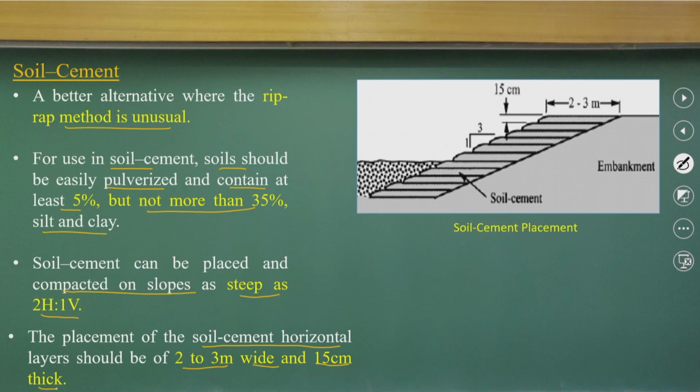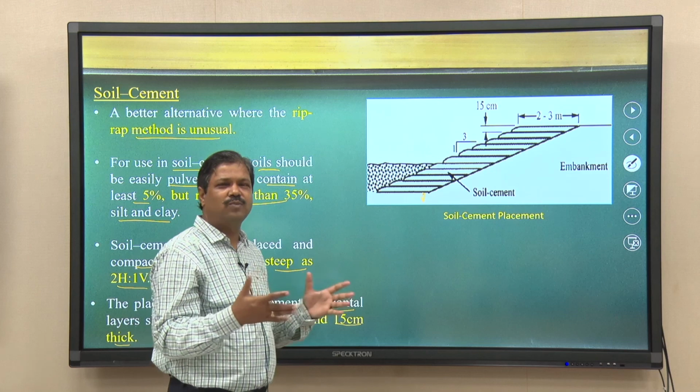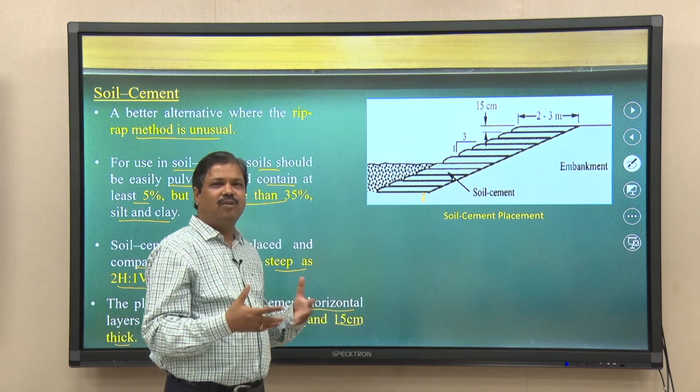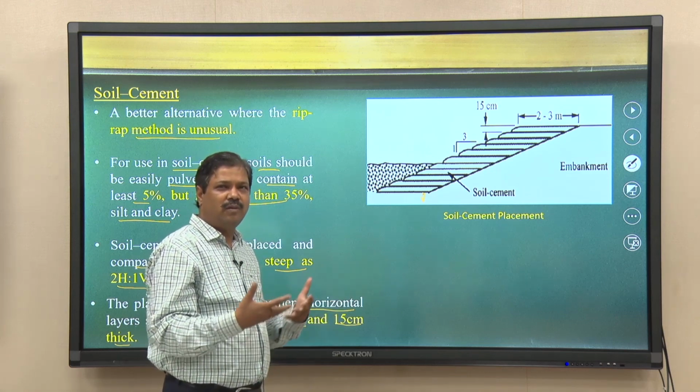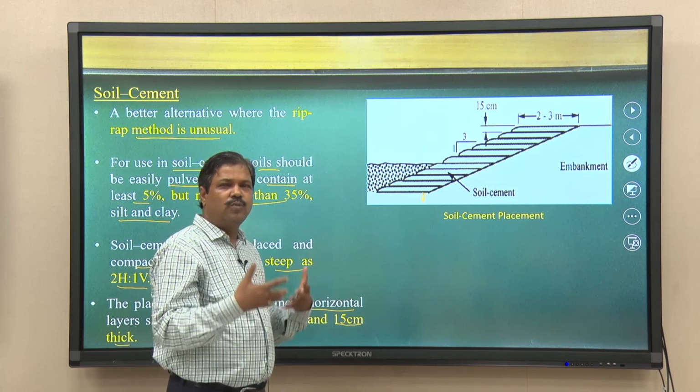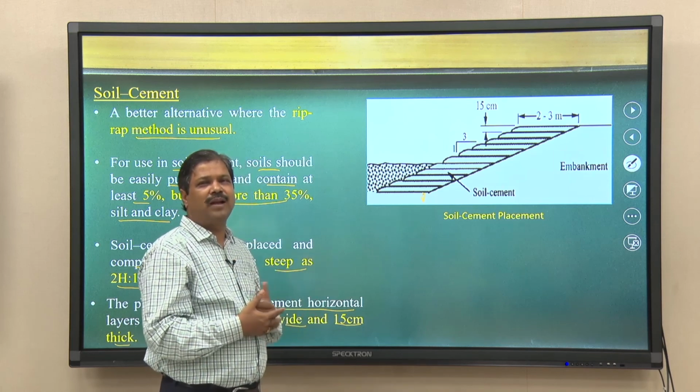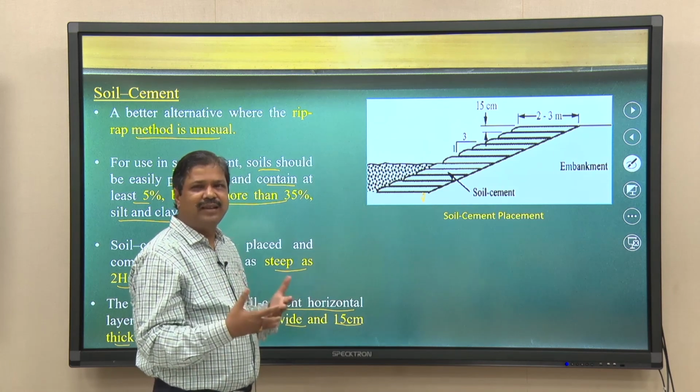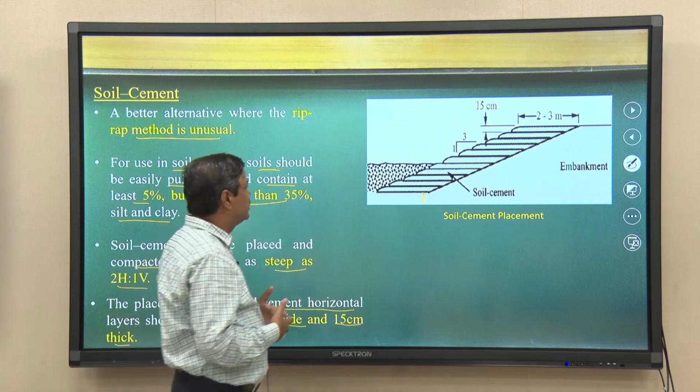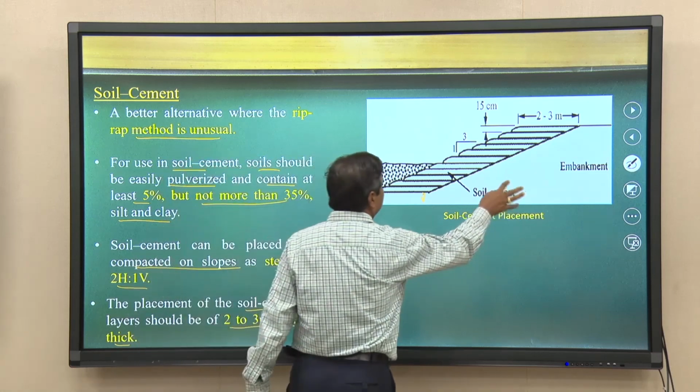So this is what is shown, and you can get more detail on the soil cement concept from the references, but it can be used for smaller rivers where we do not have to put in more expensive river bank protection work, and we can take a risk for river bank failures, and we can improve the soil cement.